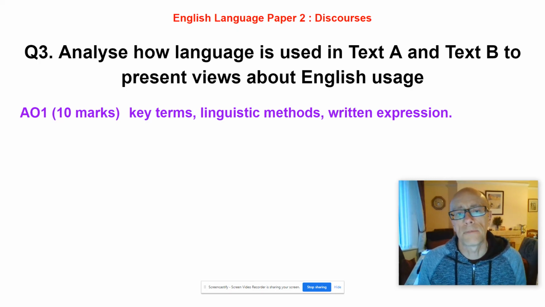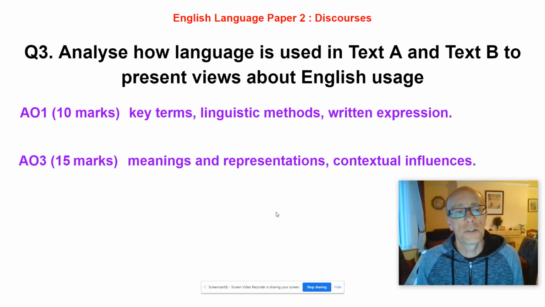That's a linguistic method. And then good old written expression, which is not just SPUG, i.e. spelling, punctuation and grammar, but is also about cohesion as well, i.e. how effectively are you using things like topic sentences at the beginnings of paragraphs in order for your poor reader to try and navigate your essay. So AO1 gets a mark out of 10.